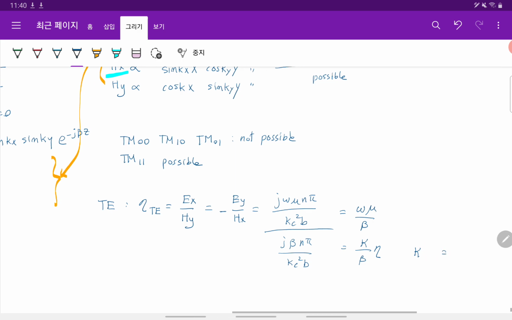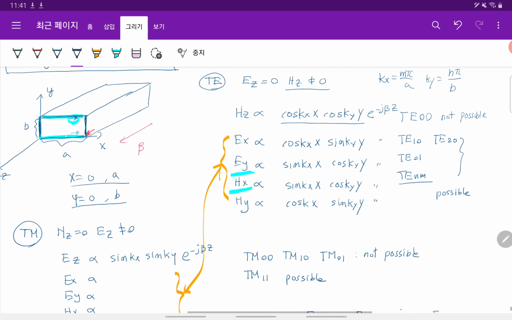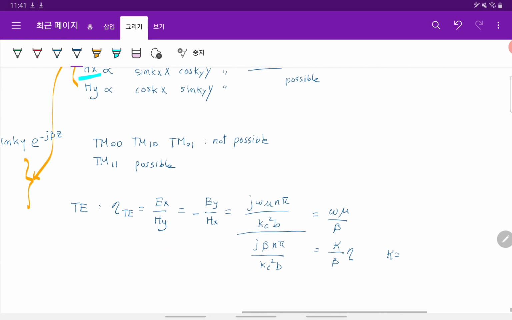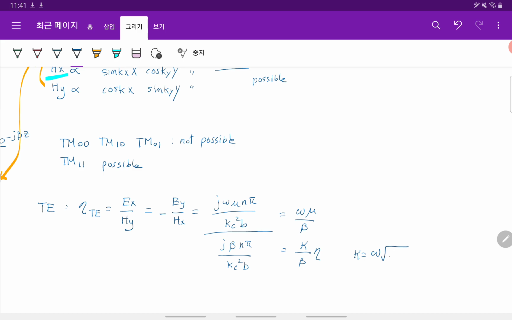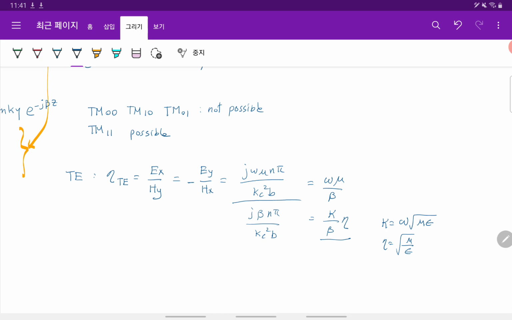If this waveguide is filled with some material, it can be vacuum or any material, it has epsilon and mu inside, and k is determined by this. Eta is determined by this. So this is kind of the same as the parallel plate waveguide, and this is larger than eta.